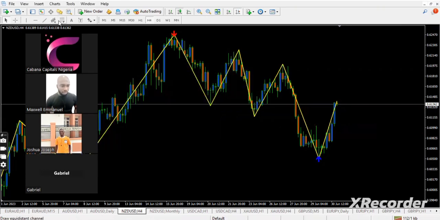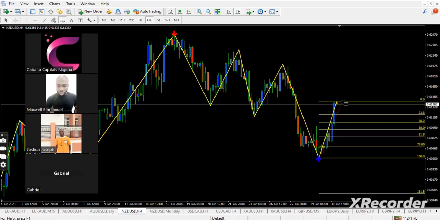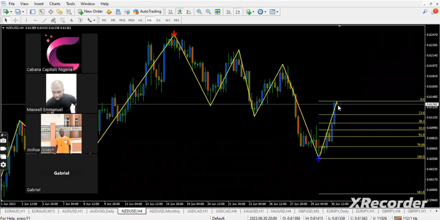Apply the Fibonacci, take it from this swing low to the swing high. If you are considering buying, wait for price to pull back to level 50 or level 61 so that your risk on the trade would be very small.